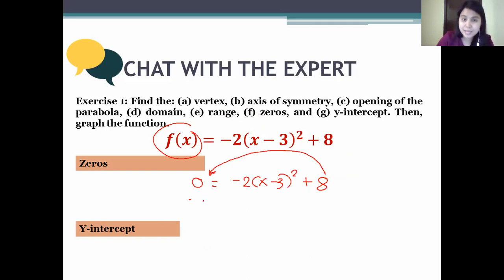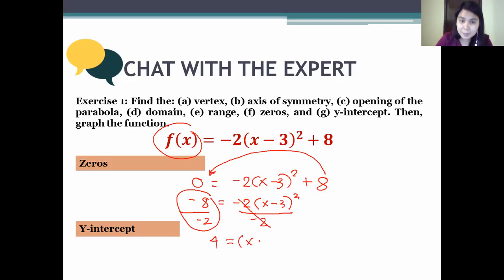So it becomes negative 8 equals negative 2 quantity x minus 3 squared. Before we can do the square root of both sides, divide both by your a, negative 2. So negative 8 divided by negative 2 is 4.